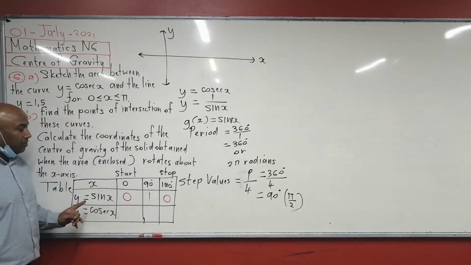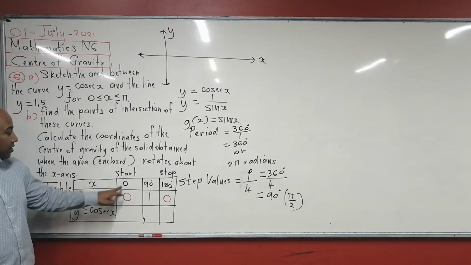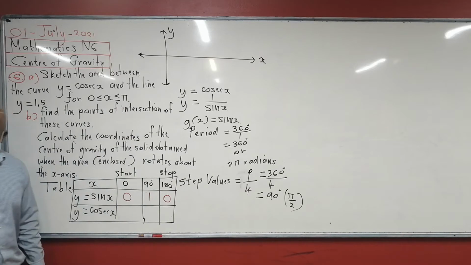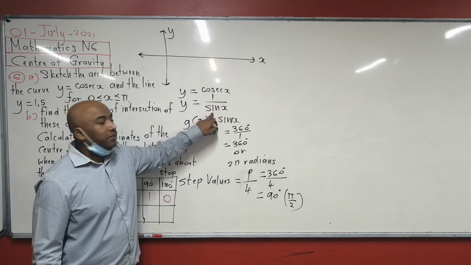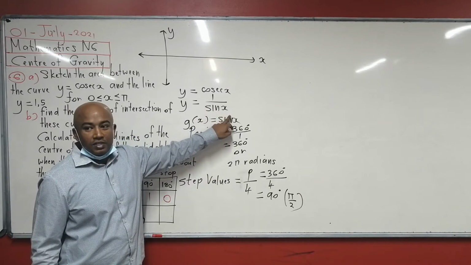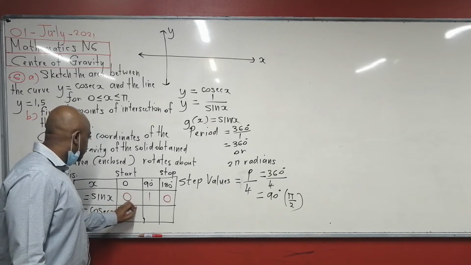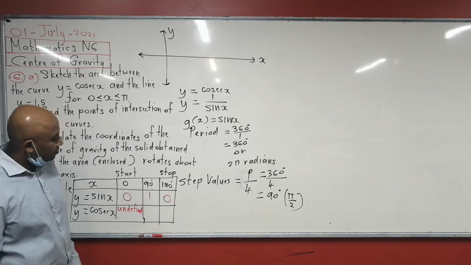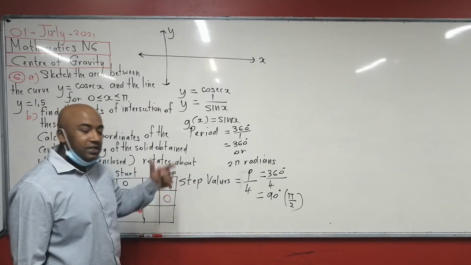Right. Now, what is cosec of x? Now, cosec means 1 divided by sine x. Right. So that means when x is equal to 0, 1 divided by sine of 0. Sine of 0 is 0. So 1 divided by 0, this is undefined. Wherever you see sine equal to 0, cosec is undefined.